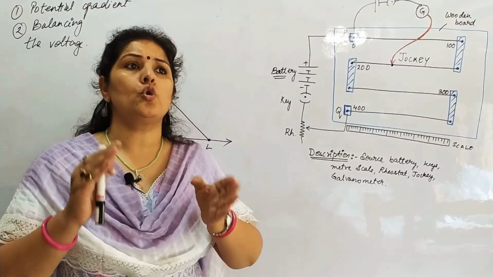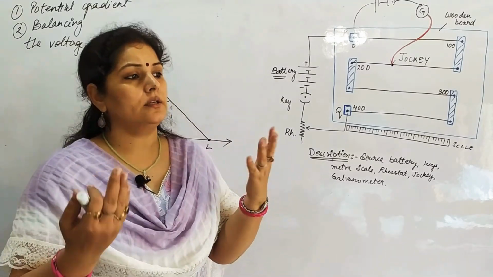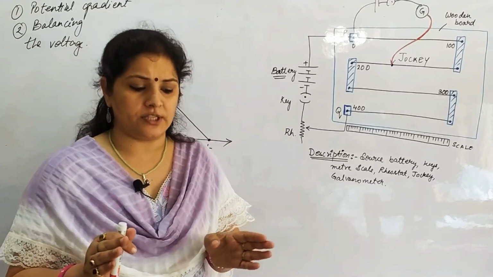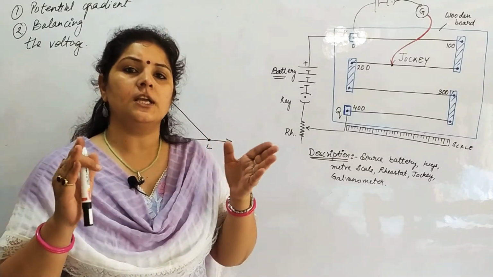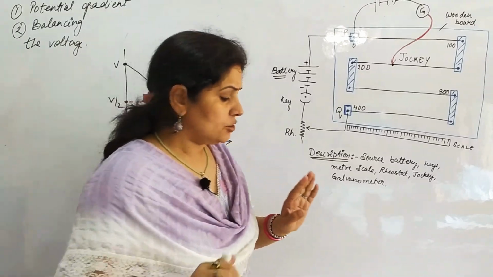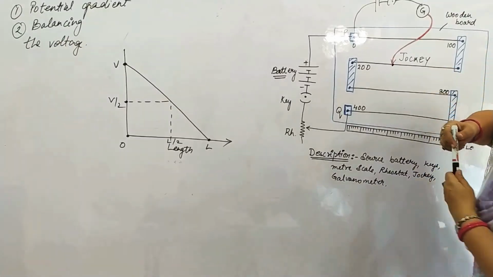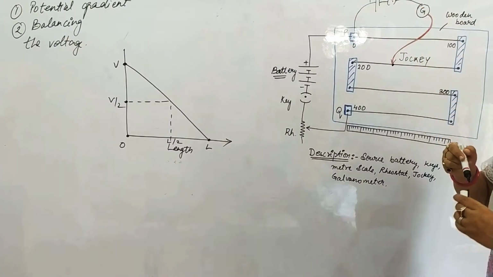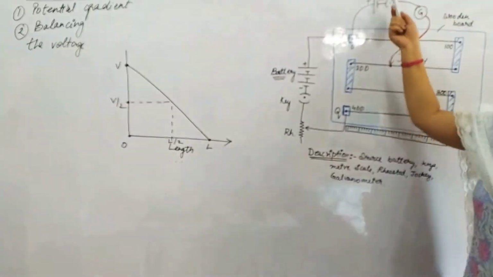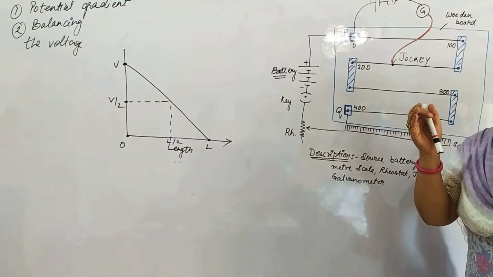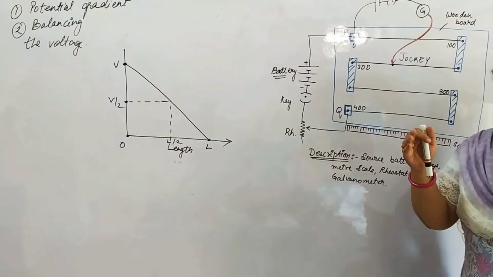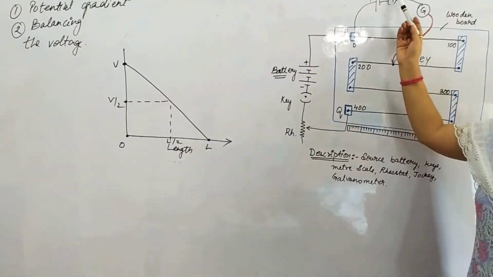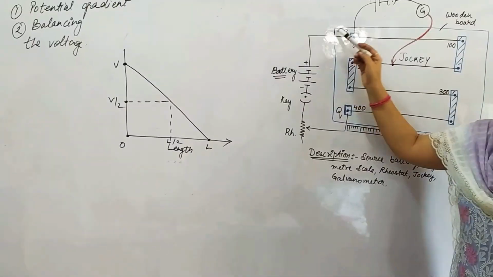So how do we calculate? Suppose there is a source of potential and you need to find the potential difference between any 2 points, right? Whatever potential difference you need to find, let us say the value of V here, positive, negative. We connect the cell, or whatever potential difference you need to find, with one end to the positive end of the battery.